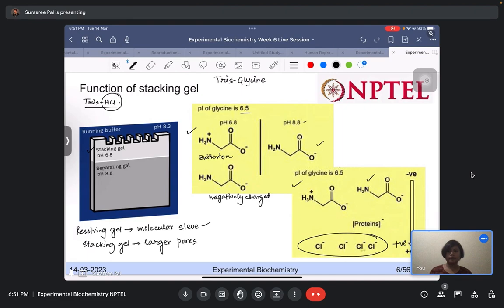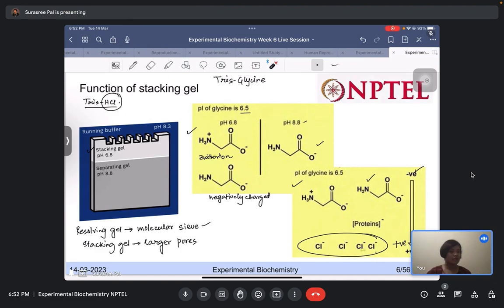Rather, it has larger pores, so all the proteins can migrate more or less equally in this stacking gel. Now we can see that when we are applying this electric field, these chloride ions are migrating the fastest. So they quickly come at the front.